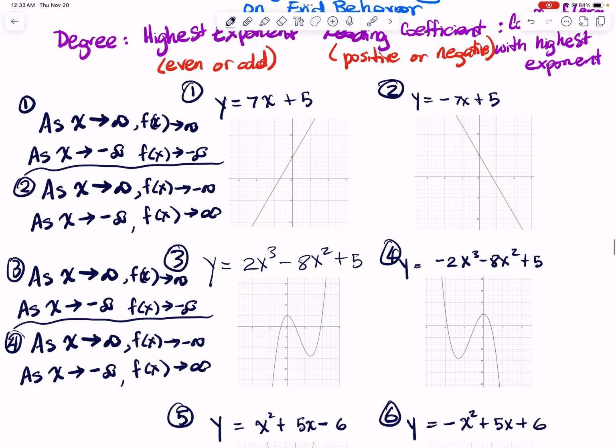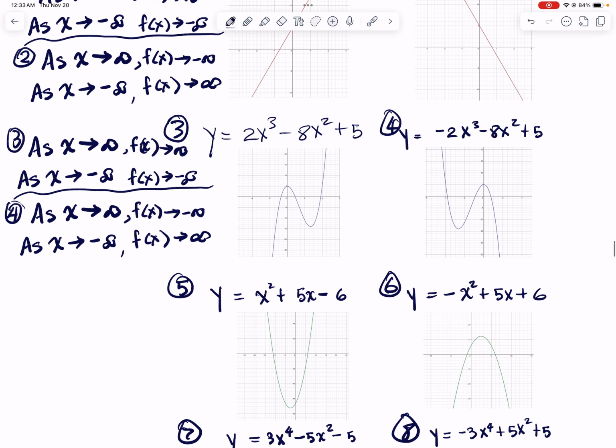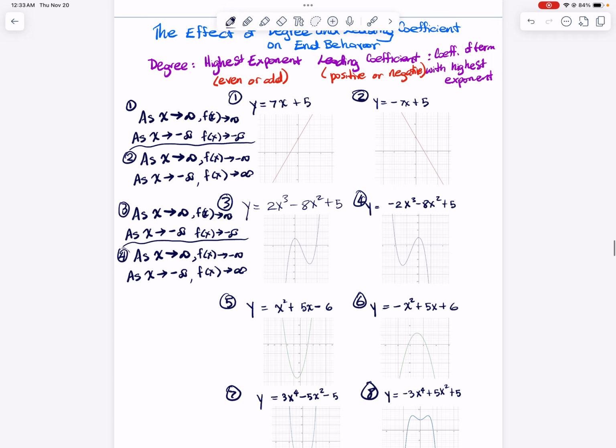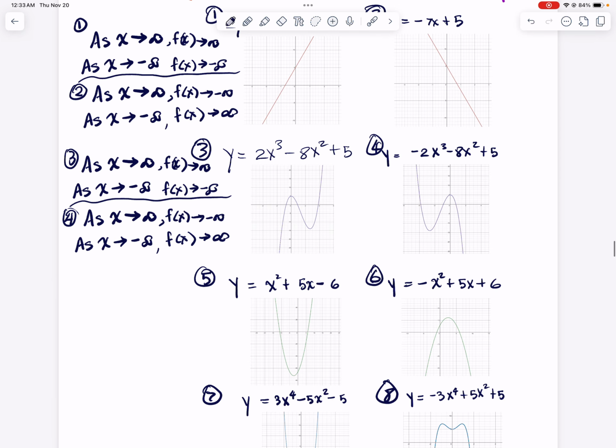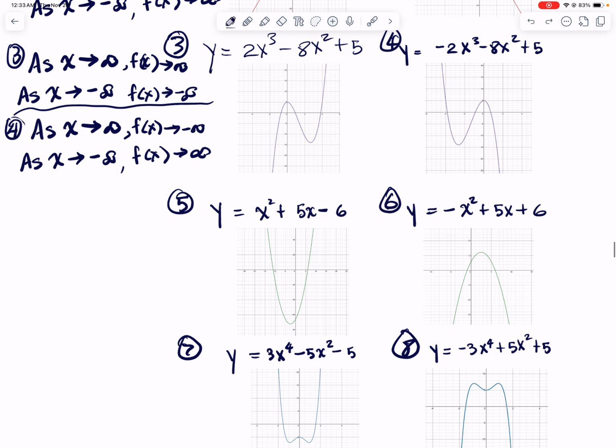All right. So as we move forward, now our equations have an even degree. All right, so now we have an even degree for number 5 and 6. We have an even degree for number 7 and 8. All right, and so notice these graphs look a little bit different.